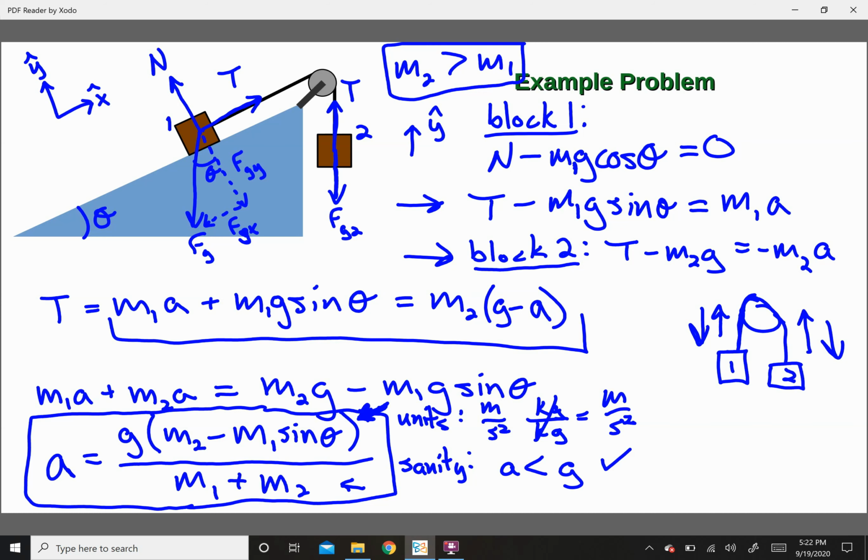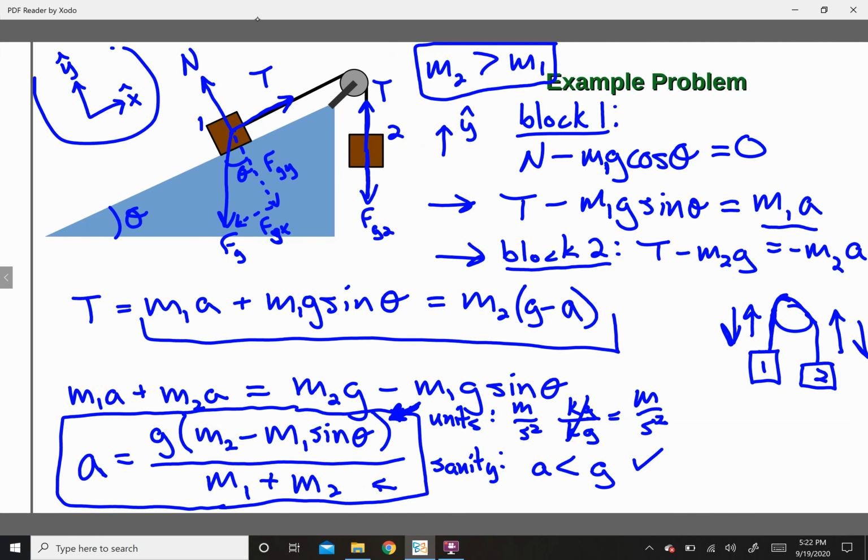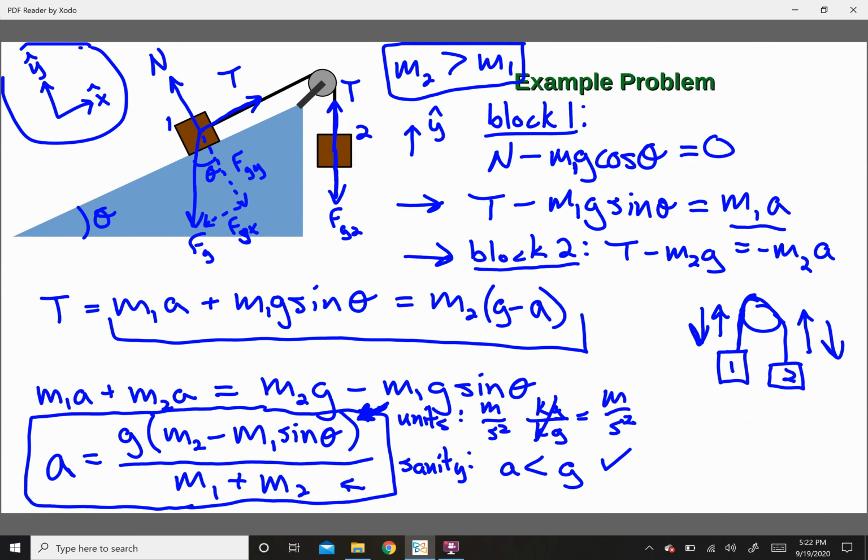So this is our magnitude for the acceleration in this problem. The direction is going to depend on the block, and we built that into the problem, right? We built it in by saying a was positive in this case because it's positive in this coordinate system, and it was negative in this case because it was negative in this coordinate system, okay?